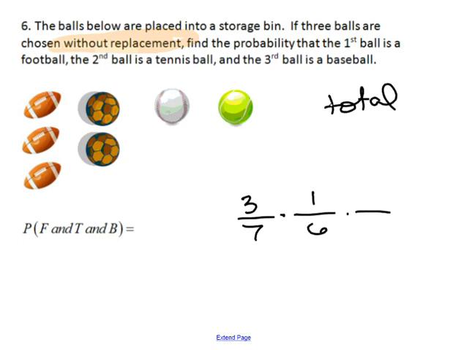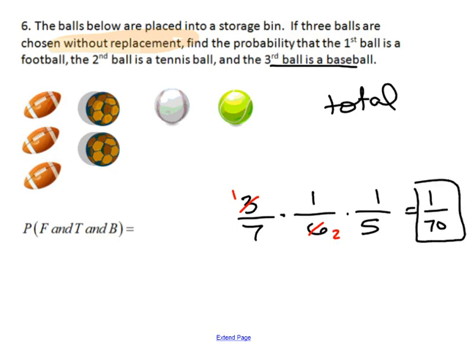We pull it out, and now we're looking for the third one to be a baseball. There's only one baseball, and there's 5 balls total. I can do some reducing. 3 and 6 reduce down, and that's going to make this go a little bit cleaner to be 1/70th. 7 times 2 times 5 is 70. So 1/70th is our probability.